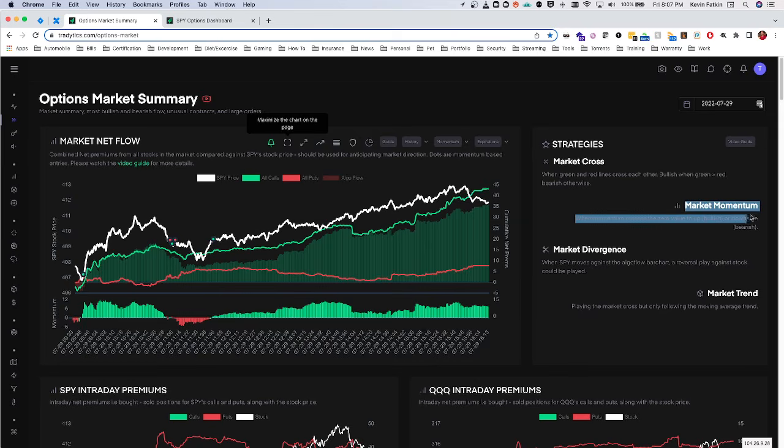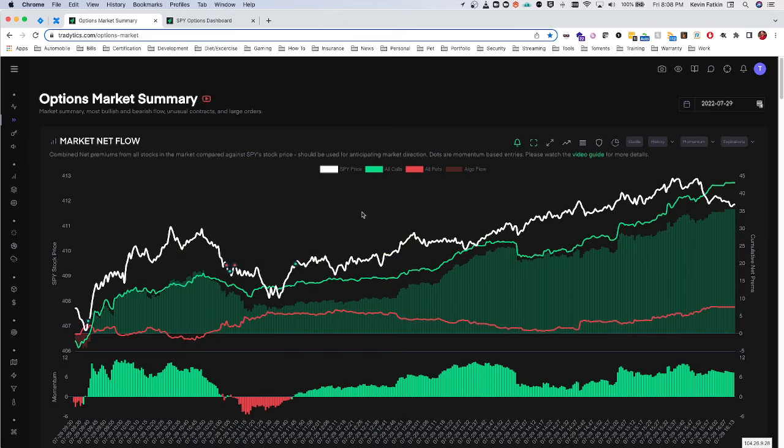We already talked about momentum, so I won't go into that too much more. But another thing we can look at is divergence. And this is a nice example of divergence here, where we have SPY's price falling. Now we do have calls falling and puts rising, but they go flat, right? If we were going to see SPY's price continue to fall, we would see more movement.